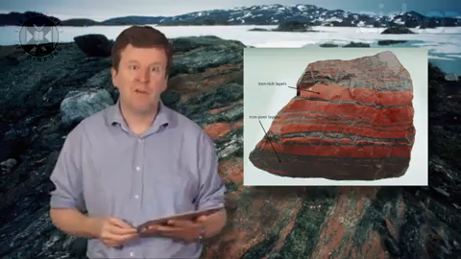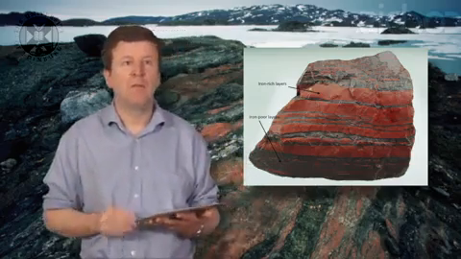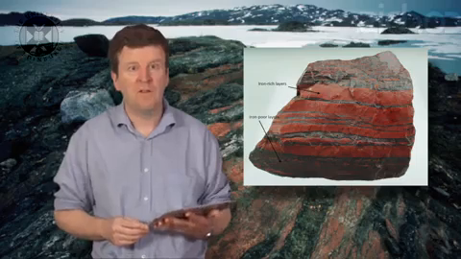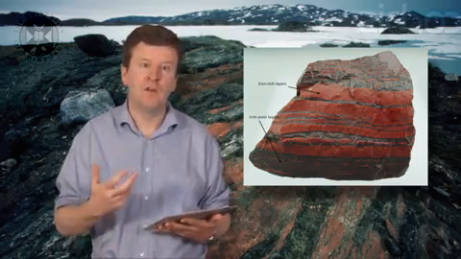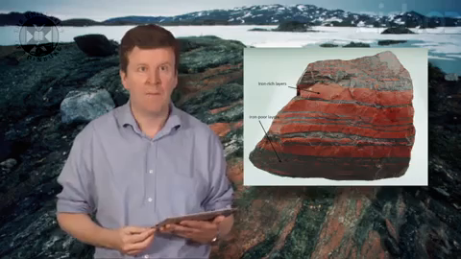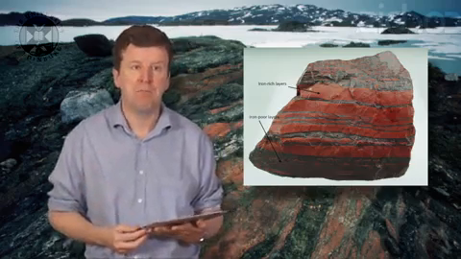Where did these banded iron formations come from? Well, what we think happened is that before 2.4 billion years ago, there was very little oxygen in the Earth's atmosphere. And as a result, a lot of the iron in the oceans was dissolved. It was solubilized. It was mixed with the water in the form of reduced iron, a very soluble form of iron.